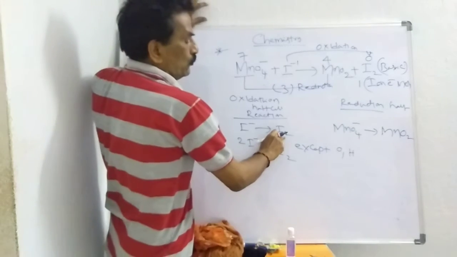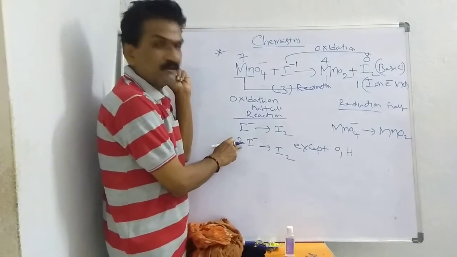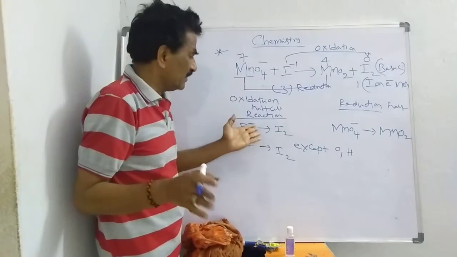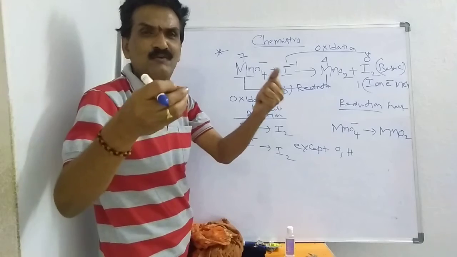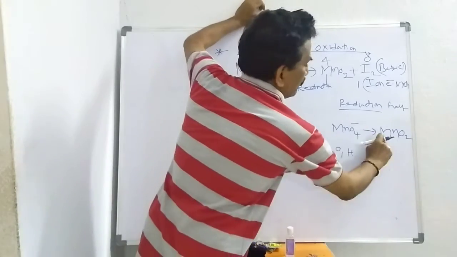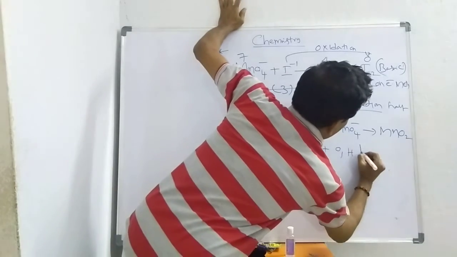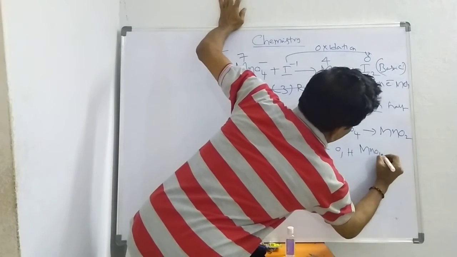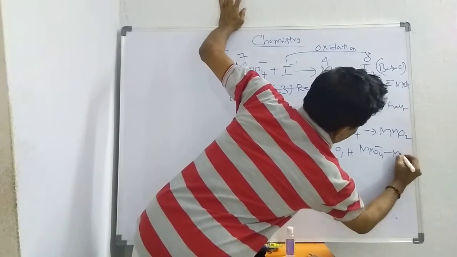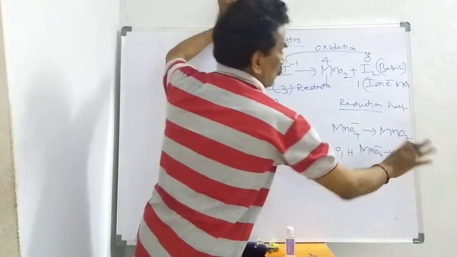Here in I2, 2 iodines are there, here only 1 iodine, so I have mentioned 2. Okay, no problem. Here there is no oxygen, here there is no hydrogen, so no problem. Here manganese, no problem. MnO4 minus to MnO2.